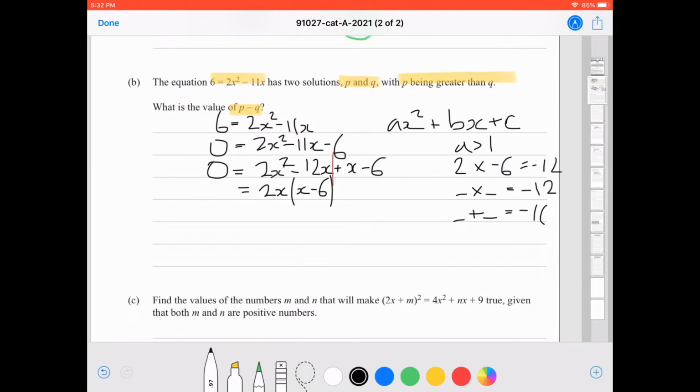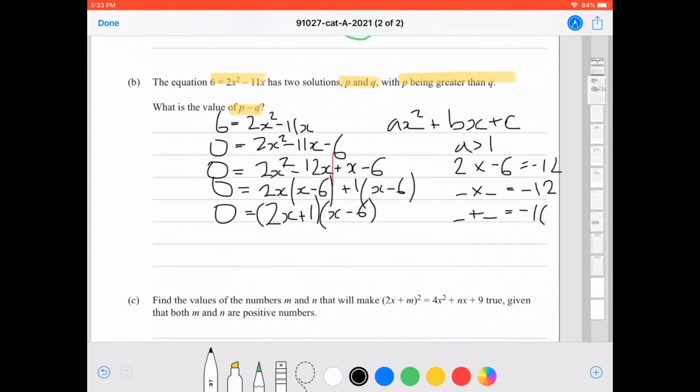And factorizing our right hand side, we can take 1 as a common factor, and inside the brackets again x minus 6. And you know you're on the right track when these two brackets are the same. Okay, so we can say 2x plus 1 is a factor, and so is x minus 6.